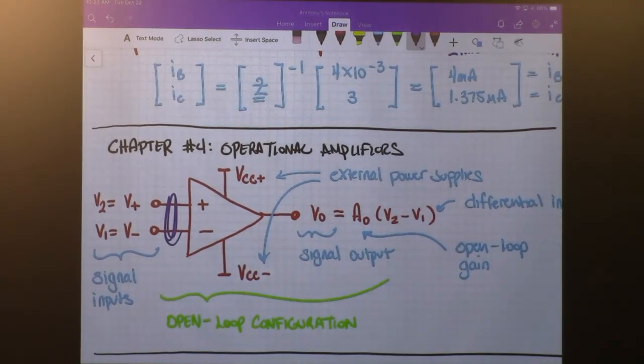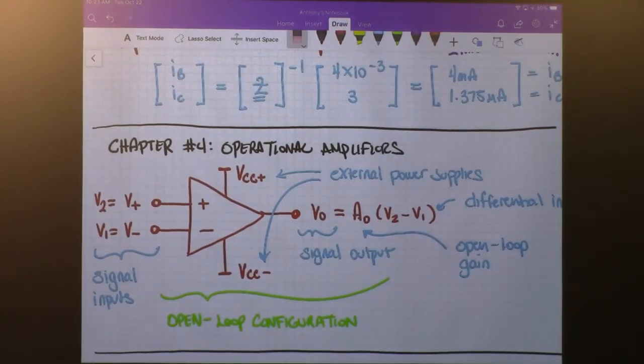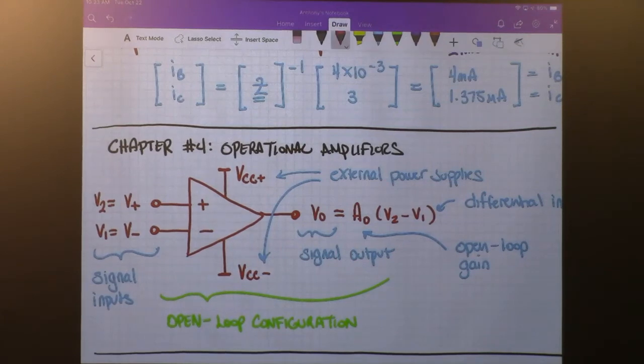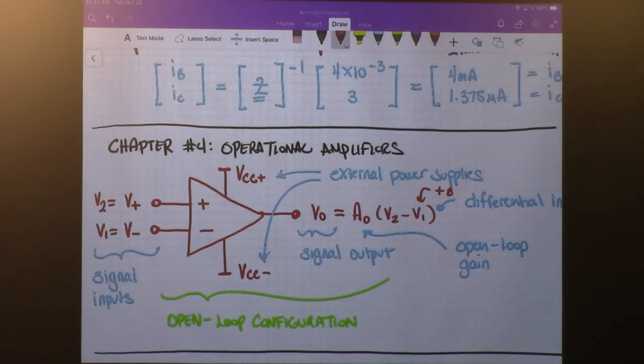The problem is that for most real amplifiers, there is an additional term in there, a small little offset voltage that is a side effect of imperfections in designing the differential input stage of the amplifier.